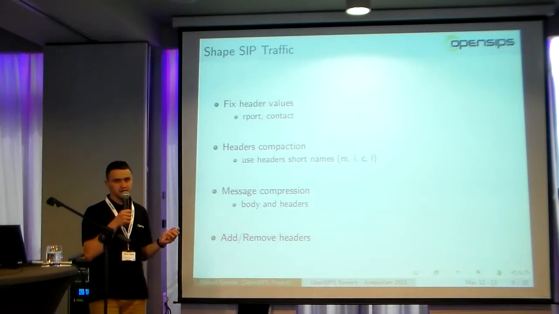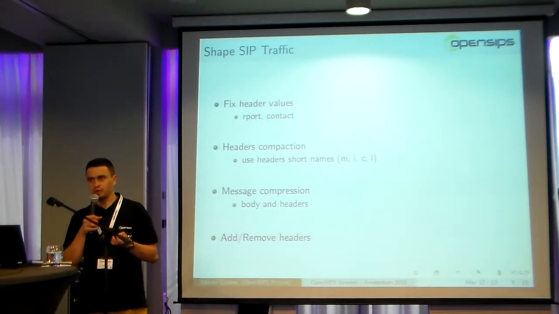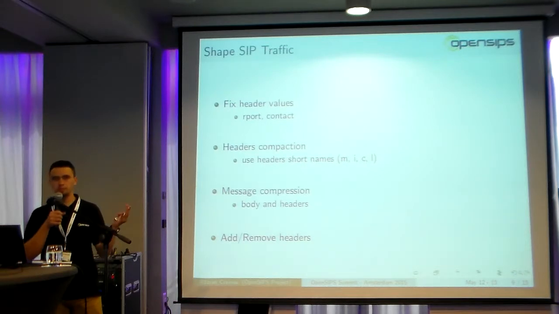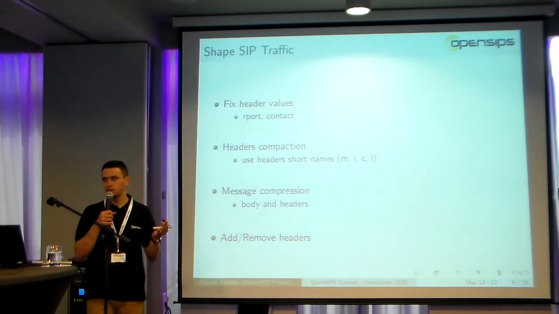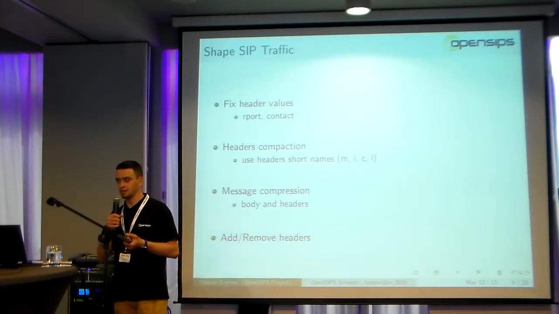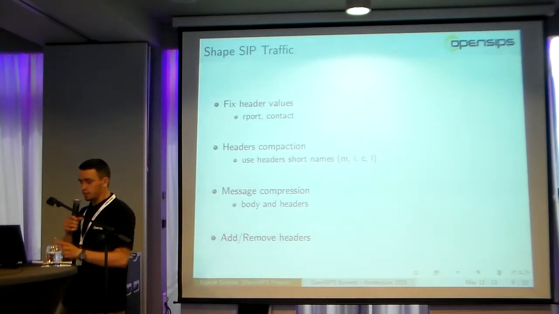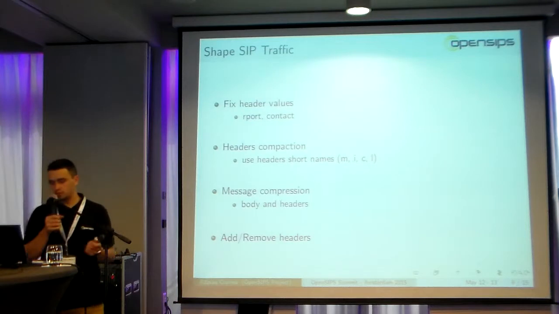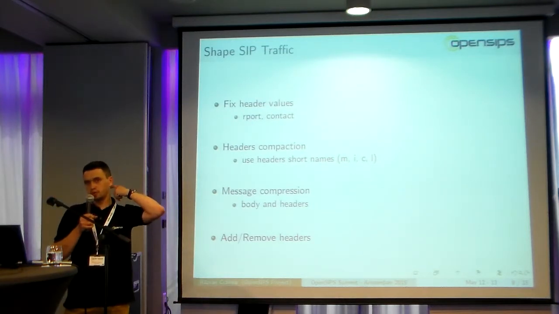well, yesterday Bogdan asked you whether you had problems with big SIP packets. What's the problem with big SIP packets? They get fragmented and they're somehow lost. Well, in 2.1 we actually have two solutions for this. One of them is to use the short names for the SIP headers.